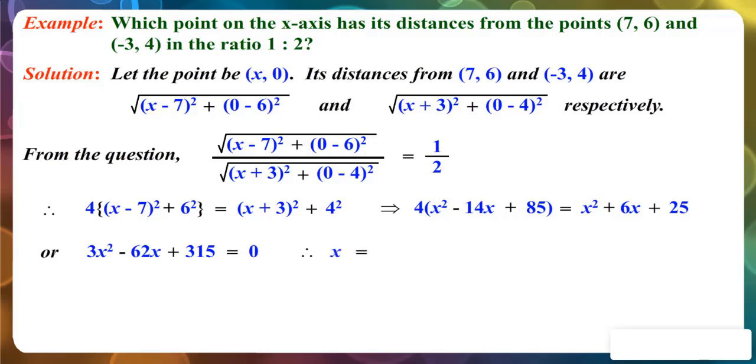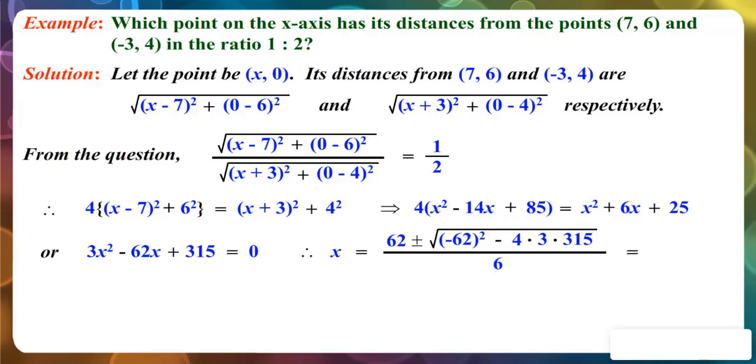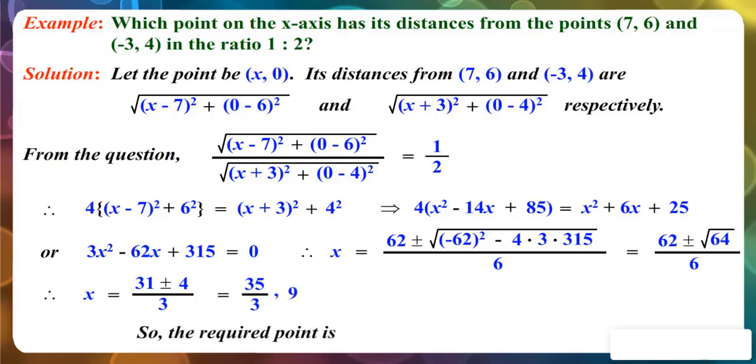Therefore, x is equal to 62 plus or minus the square root of (minus 62) square minus 4 into 3 into 315, divided by 6. This is equal to 62 plus or minus the square root of 64, divided by 6. Therefore, x is equal to 31 plus or minus 4, divided by 3, which is 35 by 3 and 9. So the required point is (35/3, 0) or (9, 0).